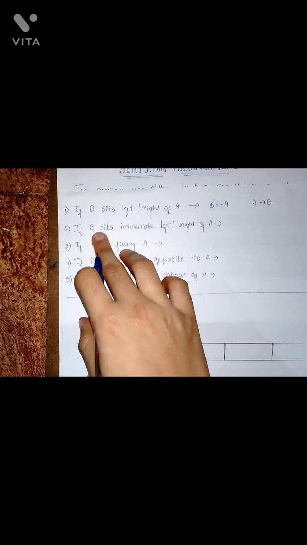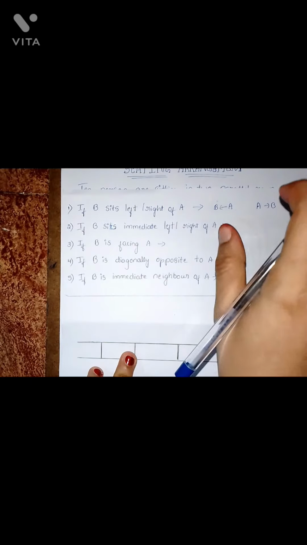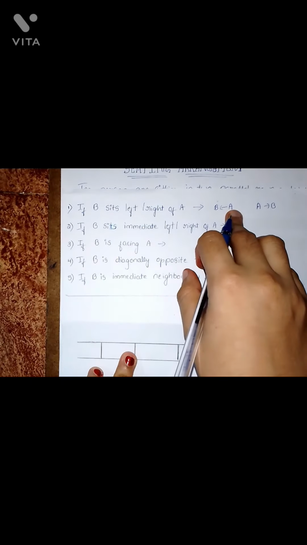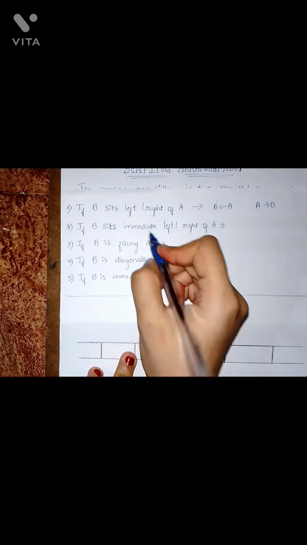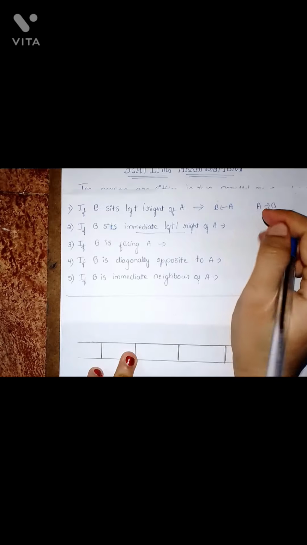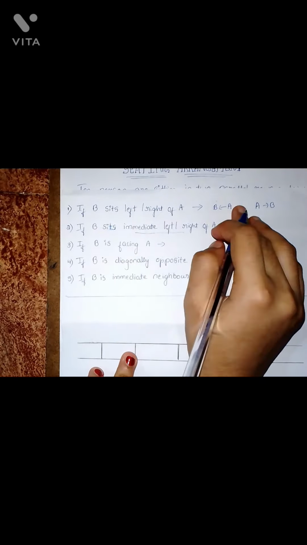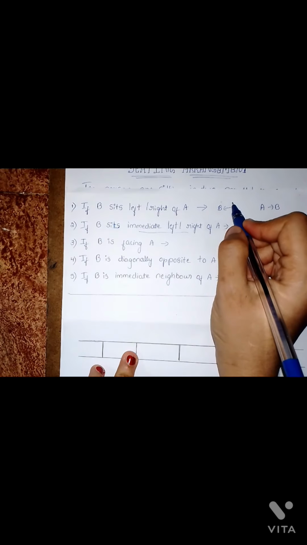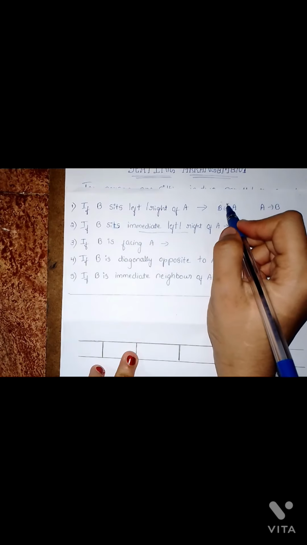If B sits immediate left or right of A, here you have to know the difference. Here they are given left or right of A, here they are given immediate left or right of A. Here, B sits left of A means it can sit one gap, or two gaps, or three gaps away.